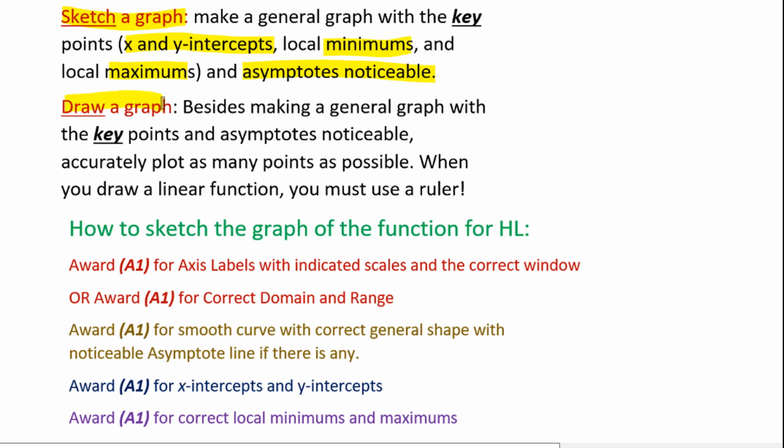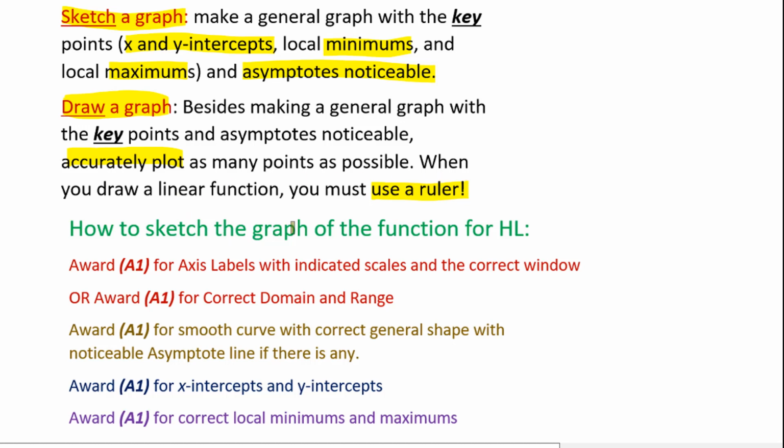Draw a graph, besides making a general graph with key points and asymptotes noticeable, try to accurately plot as many points as possible. When you draw a linear function, you must use a ruler. Even when you sketch a linear function, I recommend you use a ruler too.